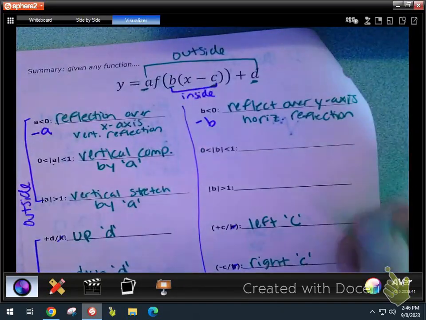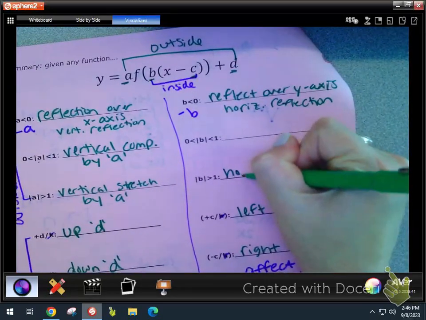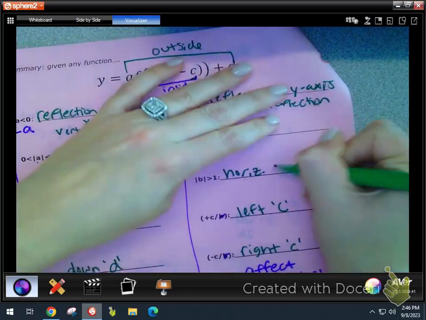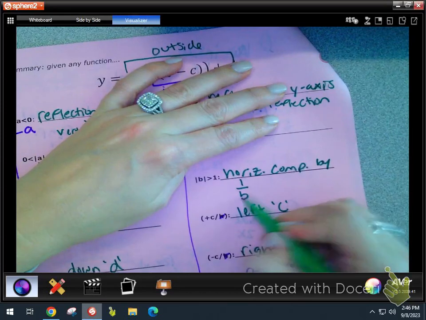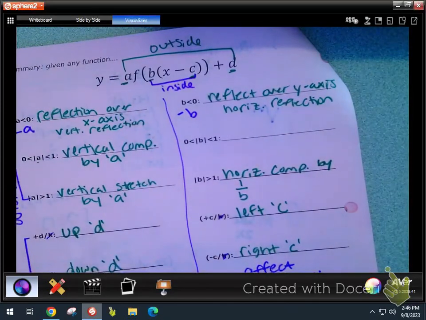So write it down. I'll teach you the shortcut next time. This is going to be a horizontal compression by 1 over B. That's how you know it's a compression, because if you've got that whole number in there, what it's actually changing by is going to be the reciprocal. And so you're going to be writing a fraction, and that's what makes you think compression.